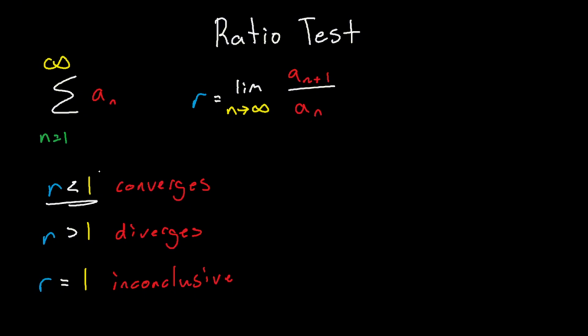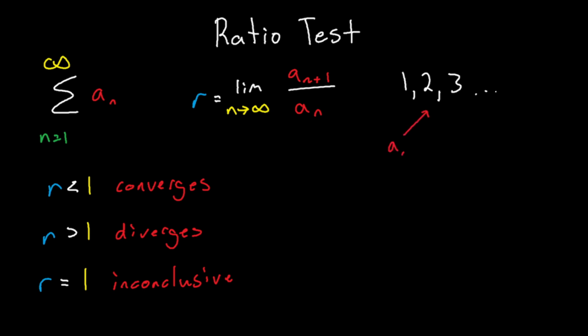I'm going to explain the logic of the conditions. If you don't really care to understand the logic, you can just skip this part and go on to the problems. In the case when r is less than 1, that means the ratio between the sequence's next number and the previous number is decreasing. Let's use the example 1, 2, and 3.